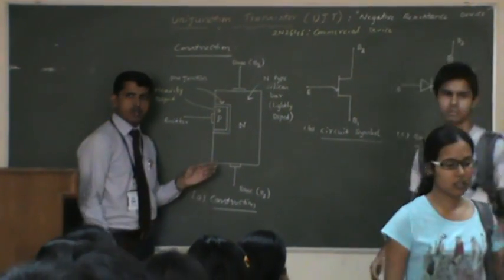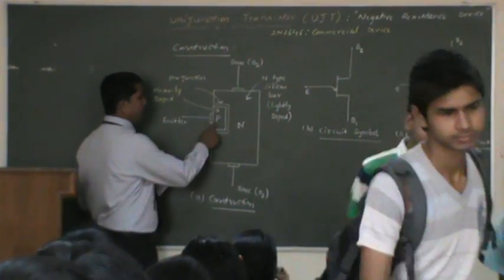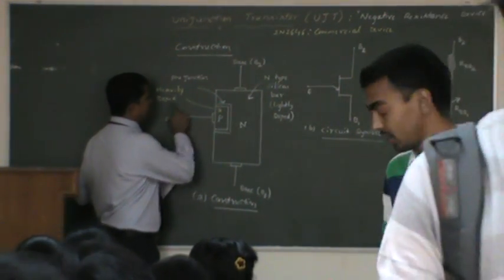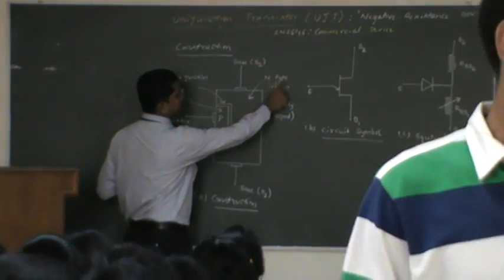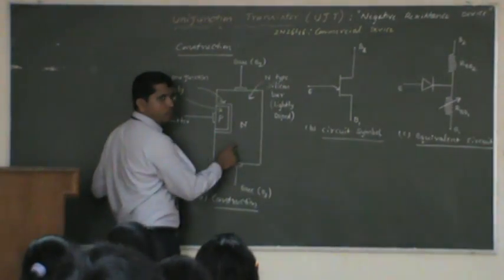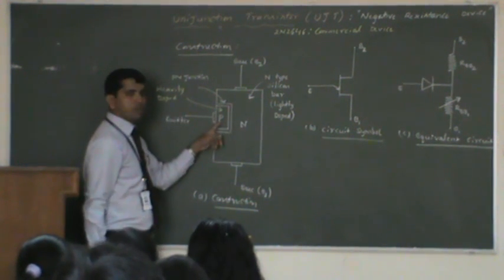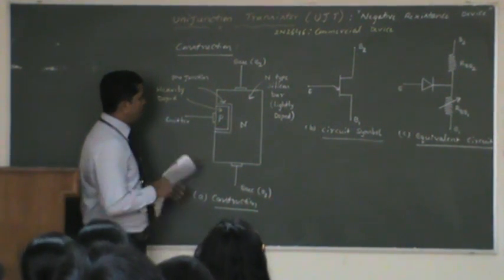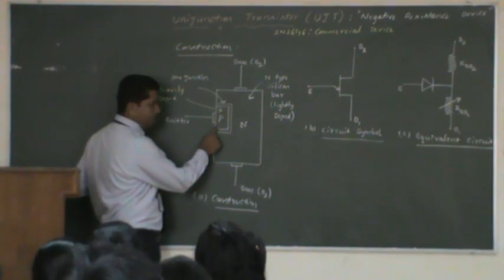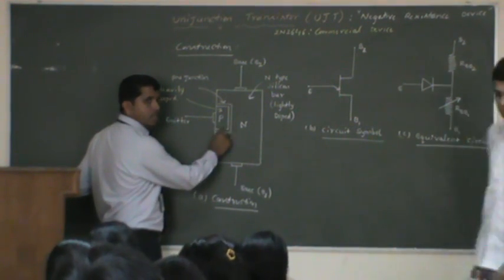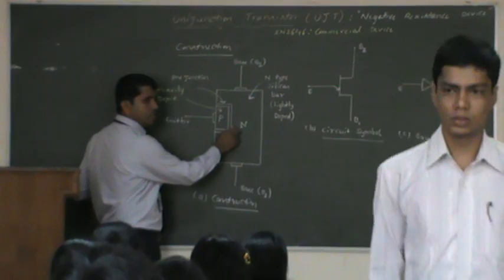There are two regions you can see here. One is the P-type semiconductor layer, which is heavily doped. Another one is the N-type silicon bar, which is lightly doped. And you can see there is a junction formation between P and N. This junction is called a P-N junction.